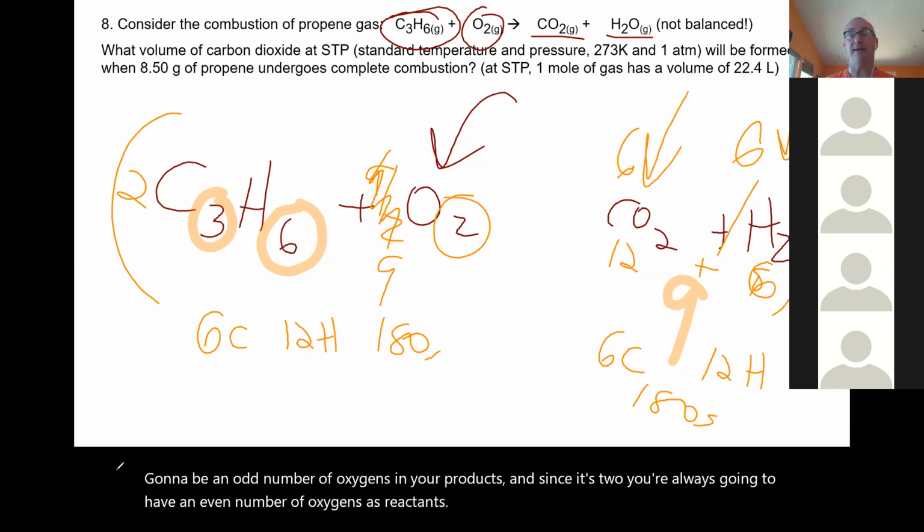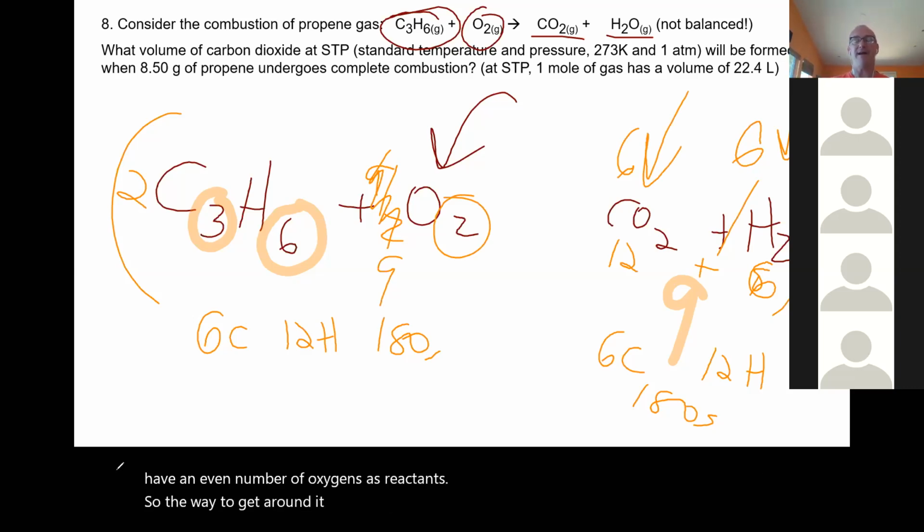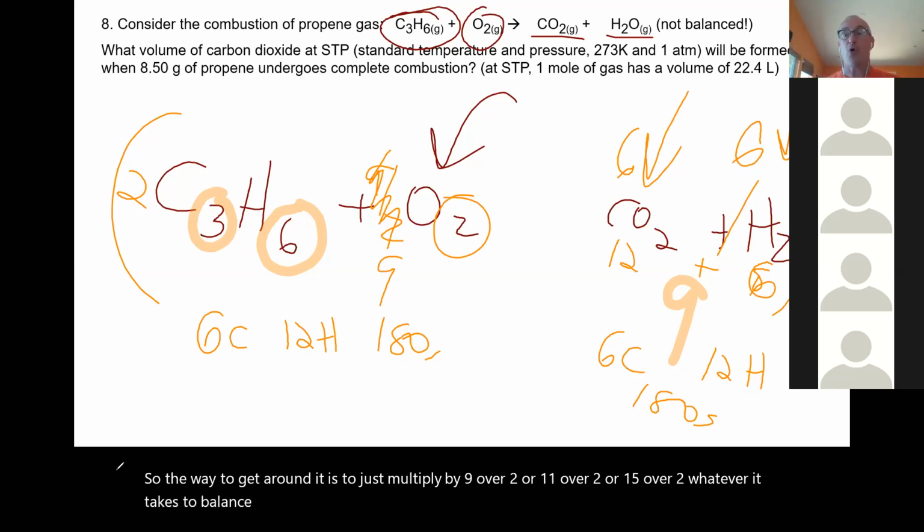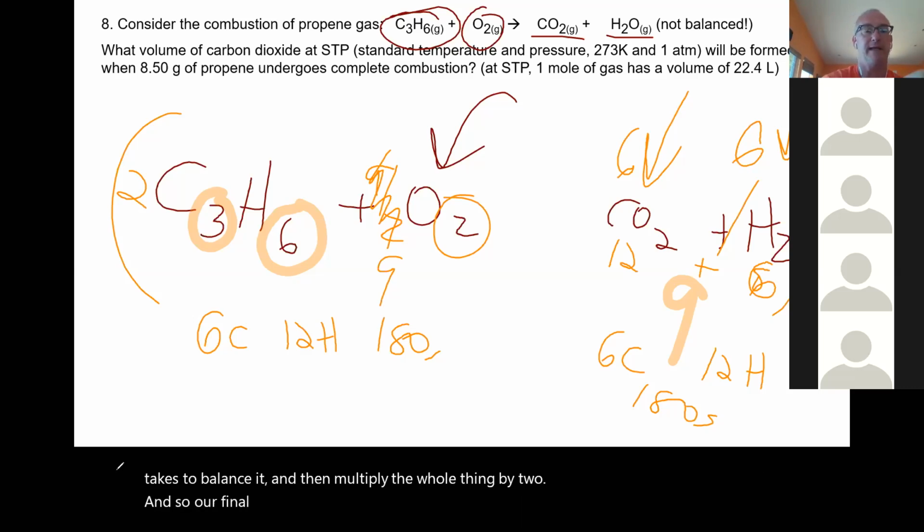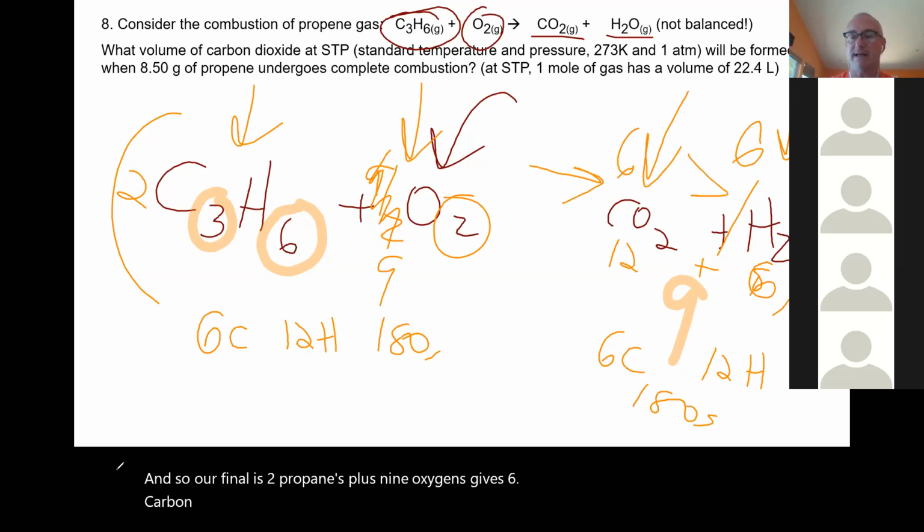So the way to get around it is to multiply by 9/2 or 11/2 or 15/2, whatever it takes to balance it, and then multiply the whole thing by 2. So our final is 2 propenes plus 9 oxygens gives 6 carbon dioxides and 6 waters.